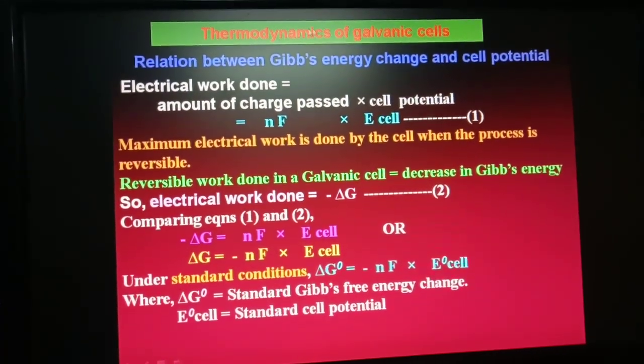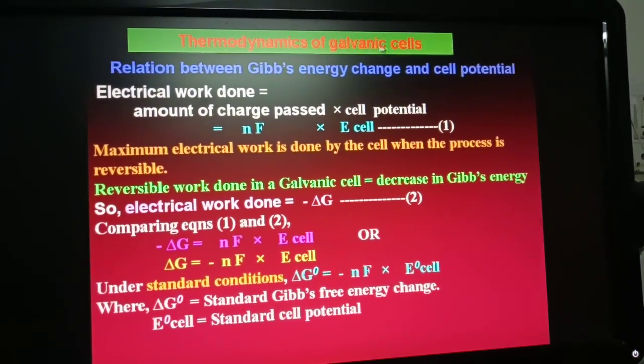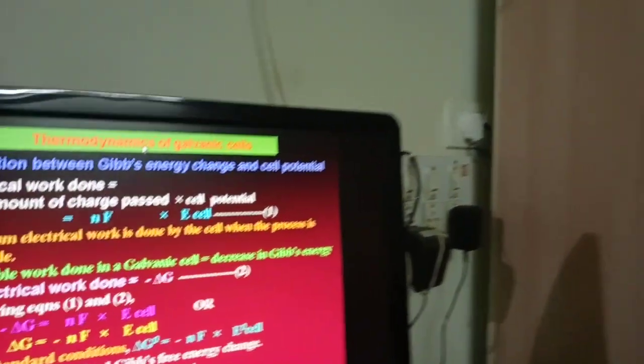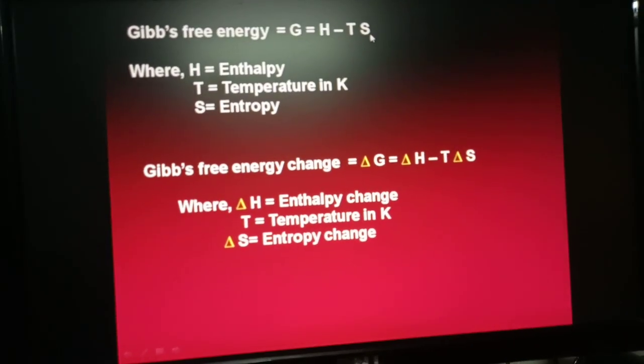Now let us study the thermodynamics of galvanic cells. If you have not studied the chapter thermodynamics, in thermodynamics you have a term Gibbs free energy. Now, what is Gibbs free energy? Gibbs free energy is indicated with the capital letter G and is equal to H minus TS.